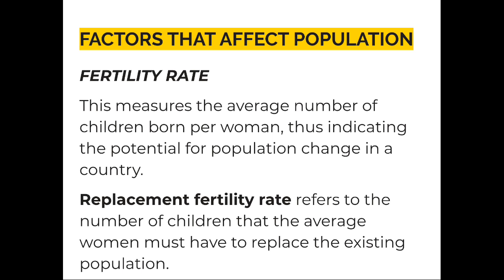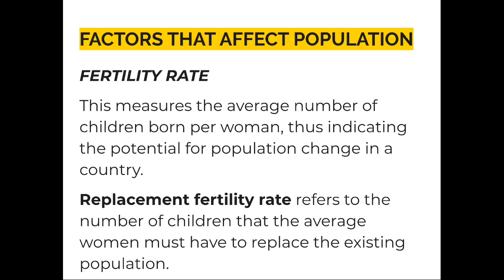Next, fertility rate. This measures the average number of children born per woman, thus indicating the potential for population change in the country. Normally, one country has a replacement fertility rate, the number of children that the average woman must have to replace the existing population.